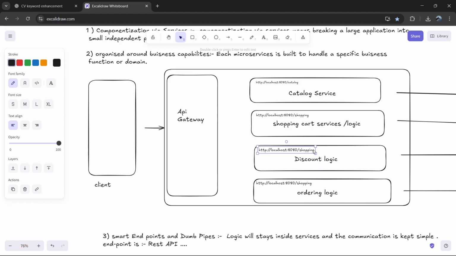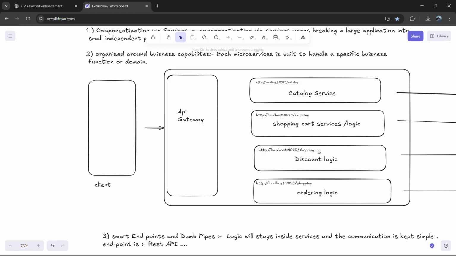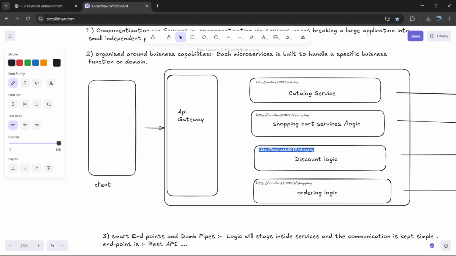This is our discount HTTP method, and this is our ordering.